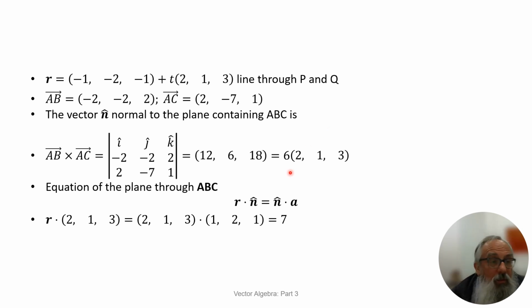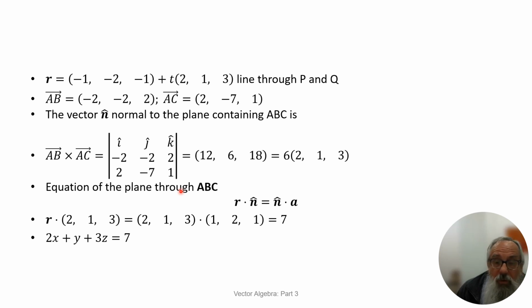Here, I'll drop this factor of 6 because it's still a normal if it's (2, 3, 1), a factor of 6 different. So I've not included that in this expression here. We can write that out in Cartesian form.